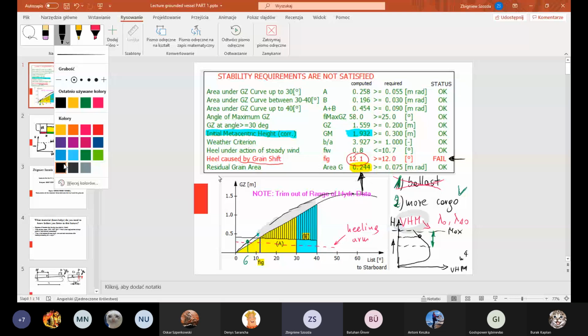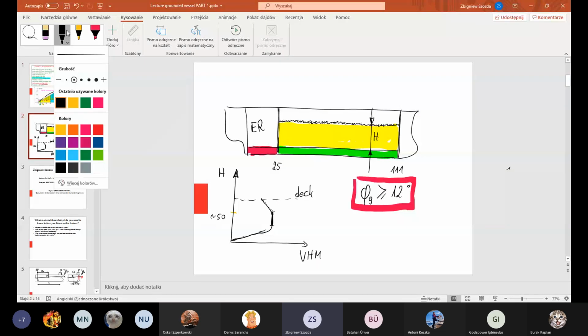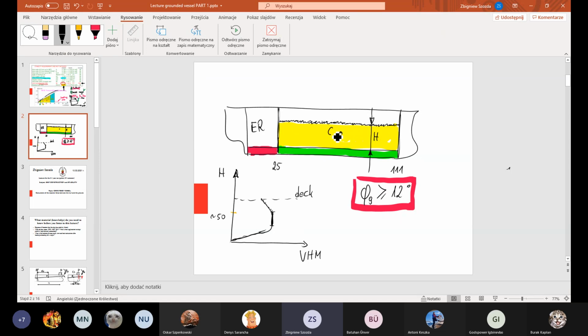two options. The first option was to decrease the position of the center of gravity by filling in double bottom ballast tanks. But Batuhan said that all ballast tanks are filled in 100%. So there is no space to fill these ballast tanks, and this is the reason why we deleted this option from our list.